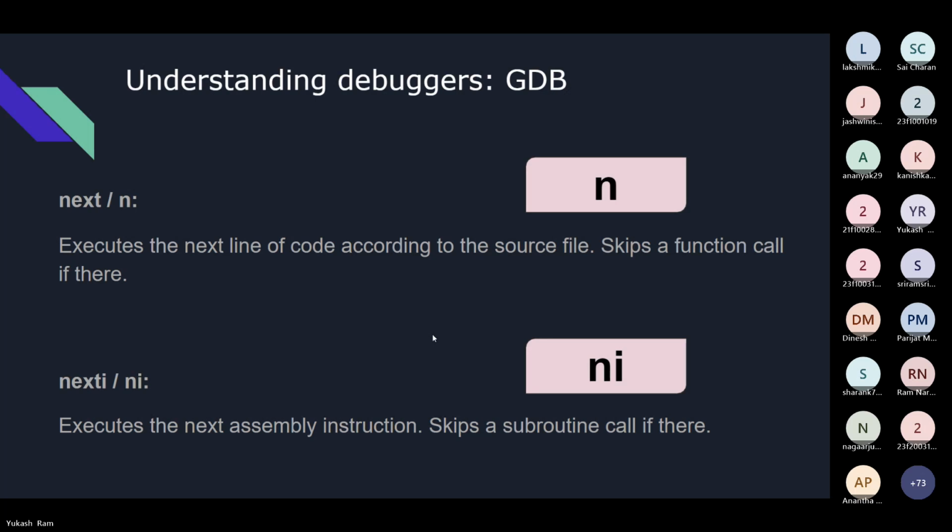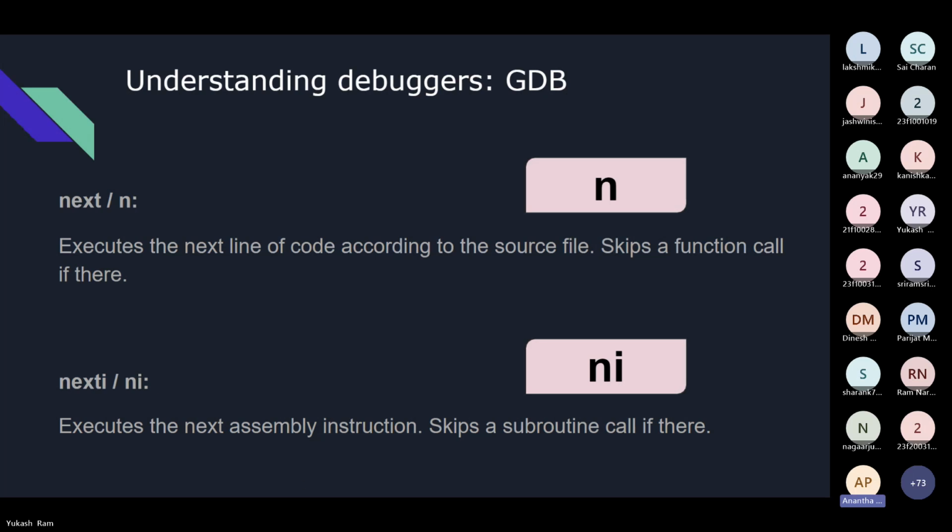The next command is n, which stands for next, and it just executes the next line in your code, the source file, the program which you have written. This is similar to continue, but you're just executing the next line alone.